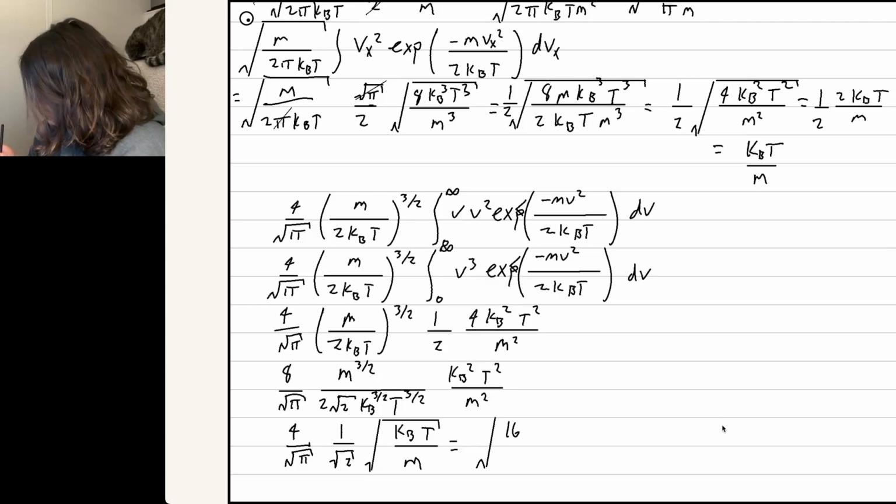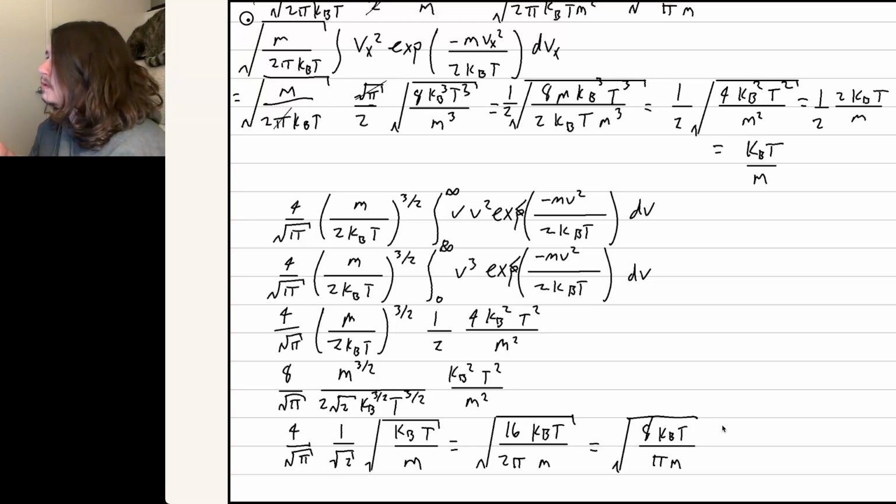So you have 16 kbt over 2 pi m, and then you can simplify that to be root 8 kbt over pi m. Does that check out? It checks out.